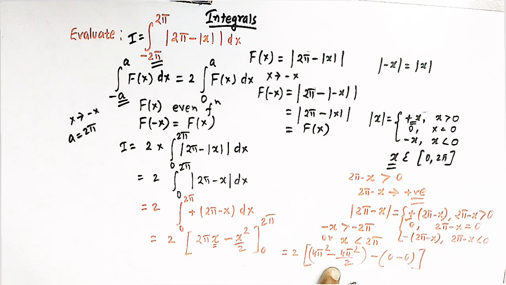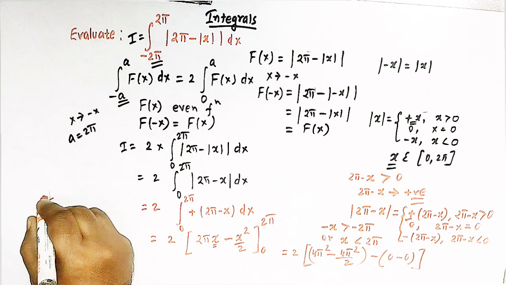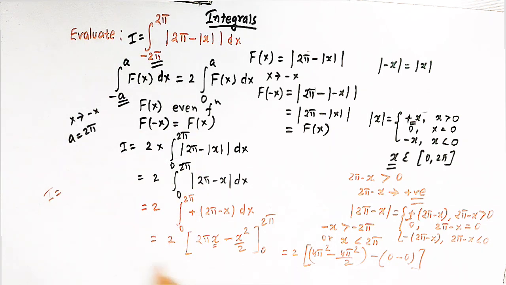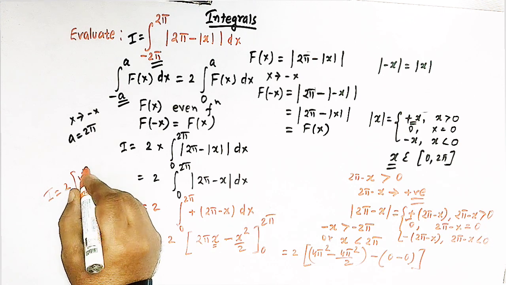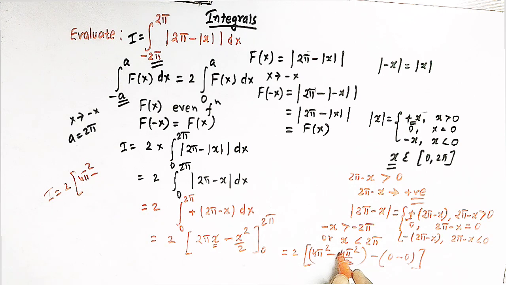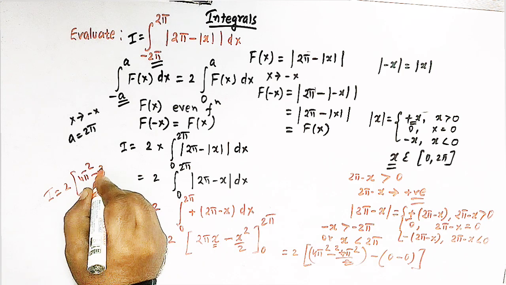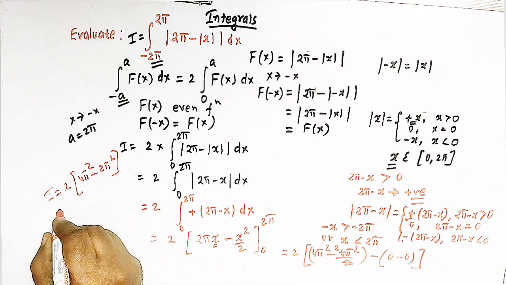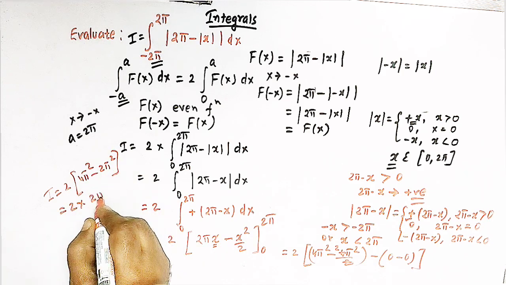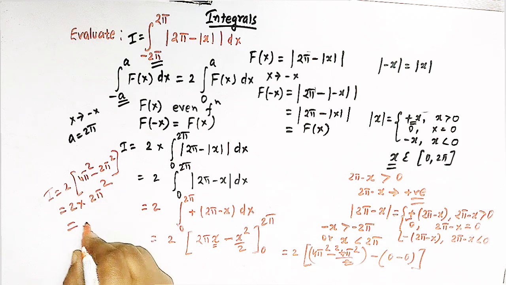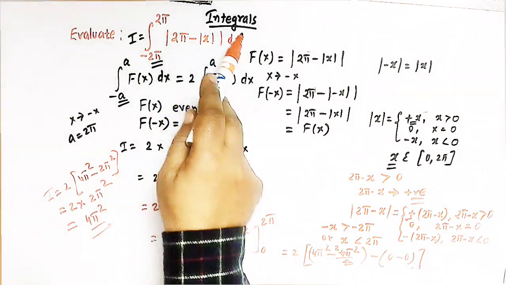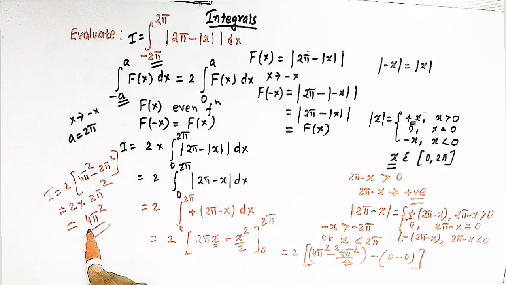Simplifying, the value of this integral I is equal to 2 times, 4 pi square minus 2 pi square, and this is 2 times 2 pi square, that is equal to 4 pi square. So viewers, the value of this integral is equal to 4 pi square.